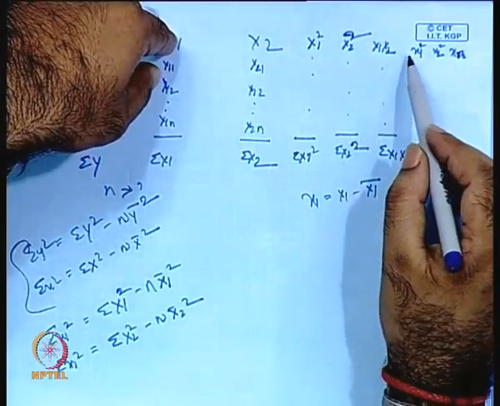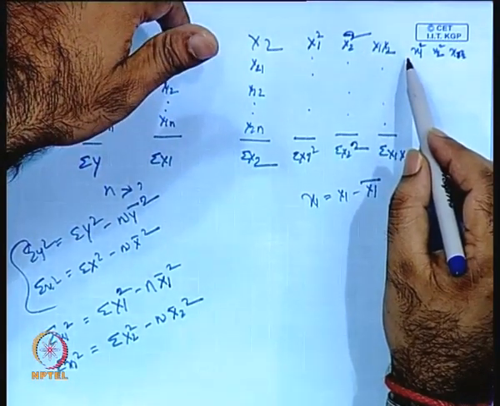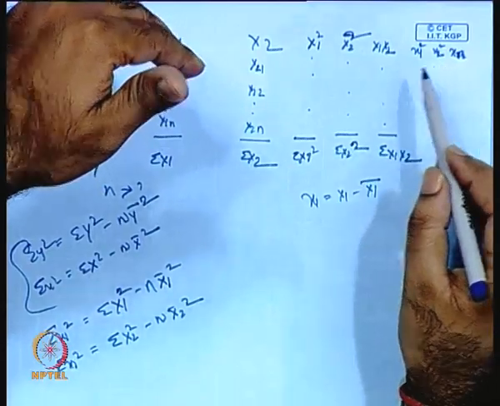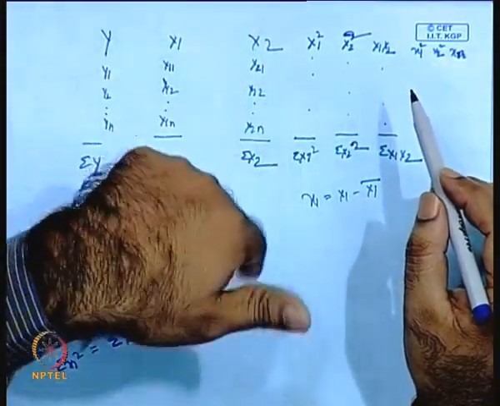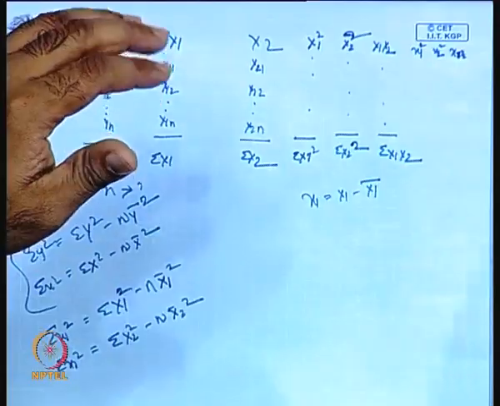You first create the column small x1, the deviation of x1, which is the difference x1 minus x1 bar. Then if you multiply that column with itself, you get x1 squares. Similarly, you create small x2, multiply again with small x2, and you get x2 squares. Then multiply small x1 into small x2 to get the x1 x2 sequence, and take the summation of all these items. The moment you have all these items, the problem is a little bit simpler.